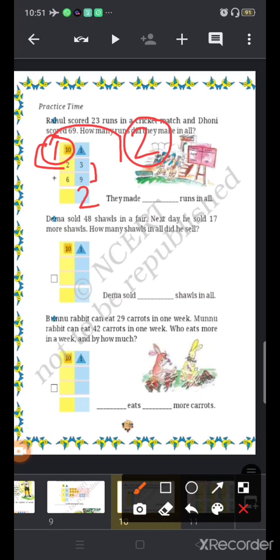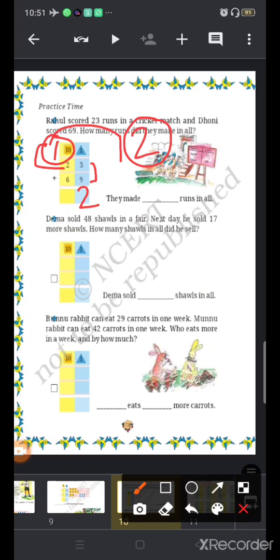Now we'll add this carry and this 2 first. So 2 plus 1 is equal to 3. If we add 1 with any number, the next number will come. Remember, if we add 1 with any number, the next number will come. Like 2 plus 1 equals 3. 4 plus 1 is equal to 5. 7 plus 1 is equal to 8.